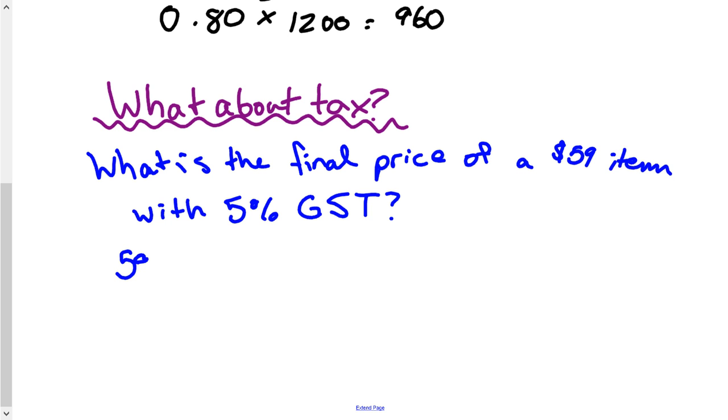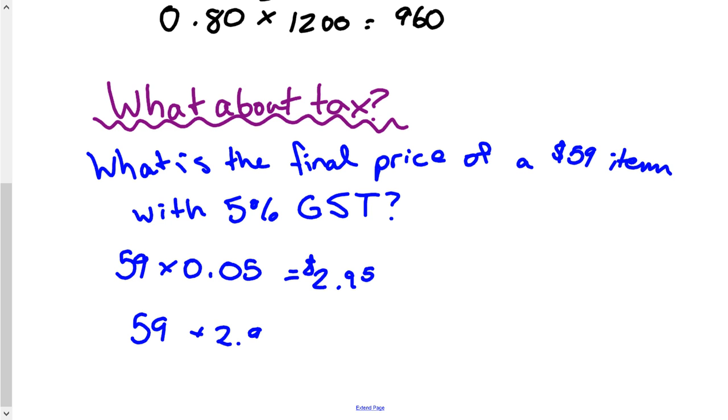So $59 times 0.05, which is equal to $2.95. And then we're going to add this together, making sure to include all of our dollar signs here to give us a final answer of $61.95.